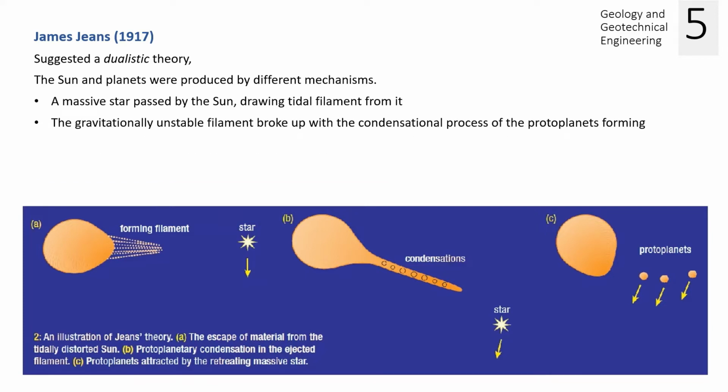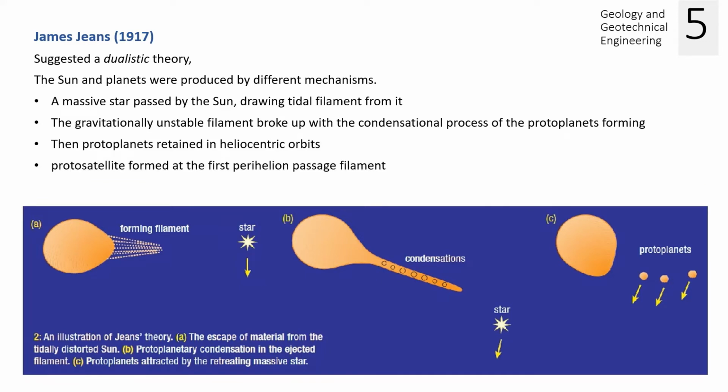These filaments were gravitationally unstable and broke up with the condensation processes of the protoplanets forming, and then the protoplanets were retained in heliocentric orbits, and the proto-satellites formed at the first perihelion passage of the filament.